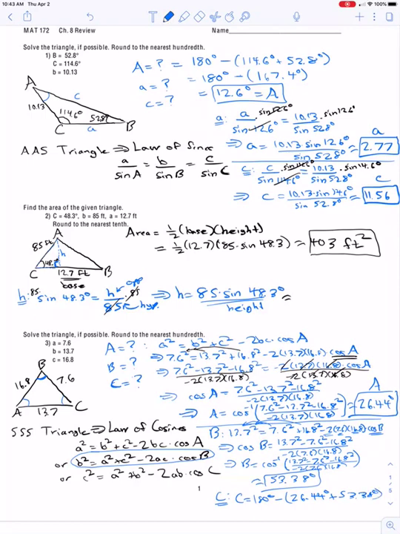And that's 180 minus 79.82. As you do the arithmetic, you get 100.18 degrees for angle C. So now we've got all three angles, angle A, angle B, and angle C. So we've solved our oblique triangle, and we did it using the law of cosines.